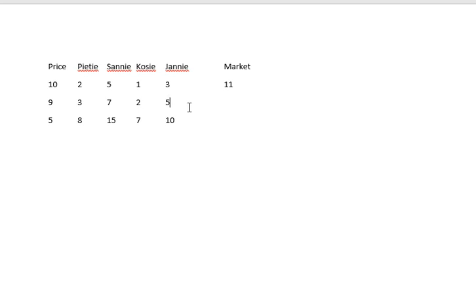At 9 Rand, we add Pity's 3 plus Sunny's 7 is 10, plus Kwesi's 2 is 12, plus Yanni's 5 is 17. And then lastly, at a price of 5 Rand, to get the market demand, we take Pity's 8 plus Sunny's 15, that is 23, plus Kwesi's 7 is 30, plus Yanni's 10 is 40.